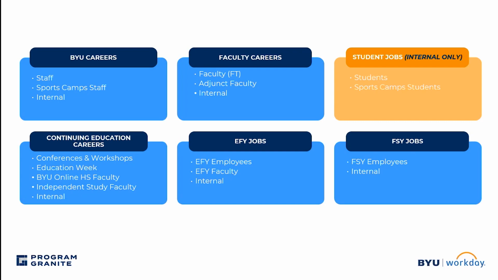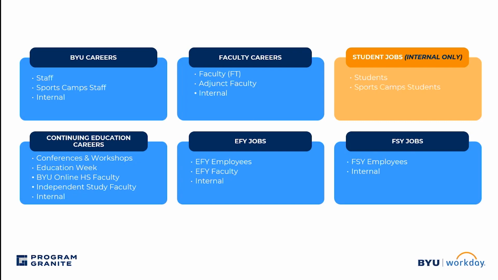We have continuing education careers, EFY jobs, and FSY jobs. So this reduced from 11 to 6 external career sites. And there's a huge internal career site, job hubs for internal employees, which is awesome. It's in Workday. All of the information they have in their worker profile will just get uploaded automatically when they apply for the job.